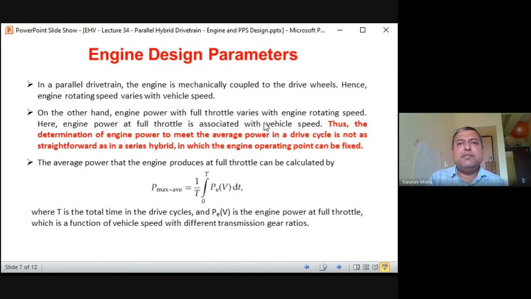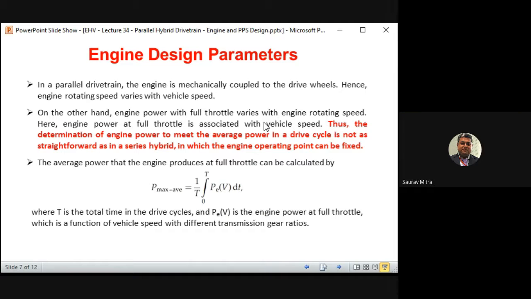In the next graph, you have to draw some contours inside the torque graph, and show the maximum efficiency for different kinds of gradability or different transmission gear ratios. So explaining those two graphs, and there are two equations. One is the P_e equation and the other is the P average equation. Those two equations and those two graphs, you have to explain properly while explaining the engine design parameters.